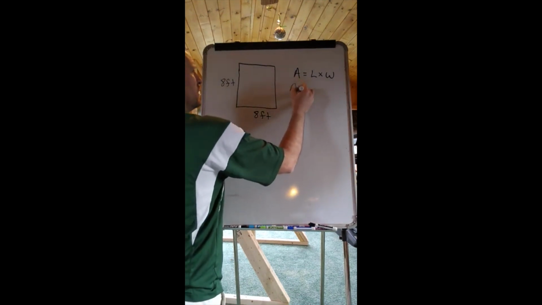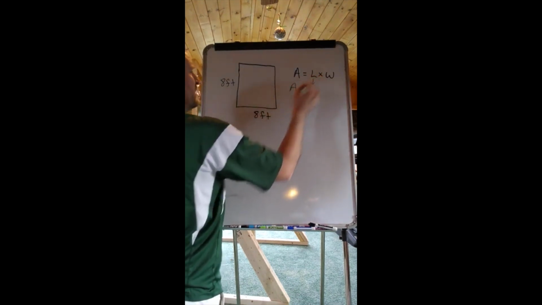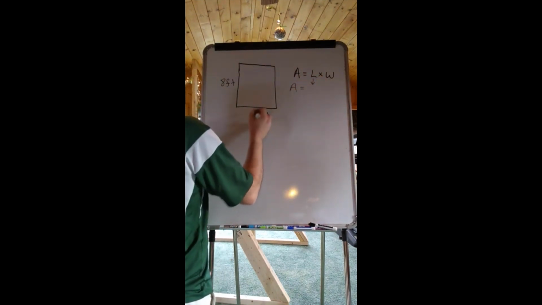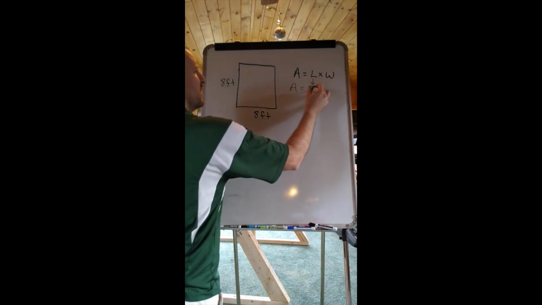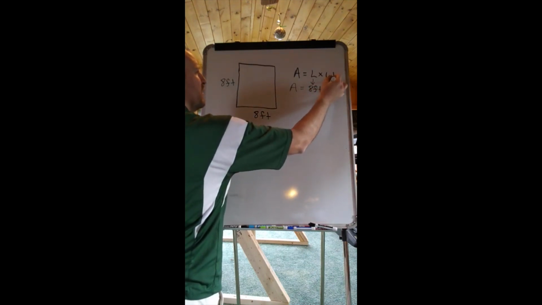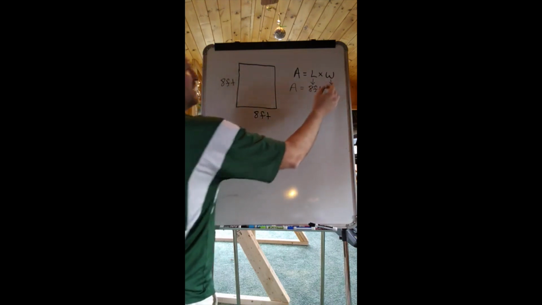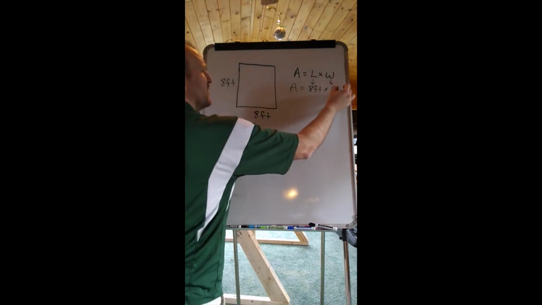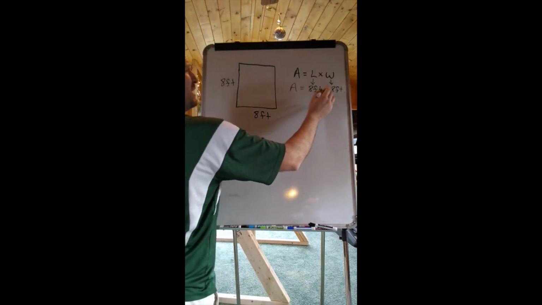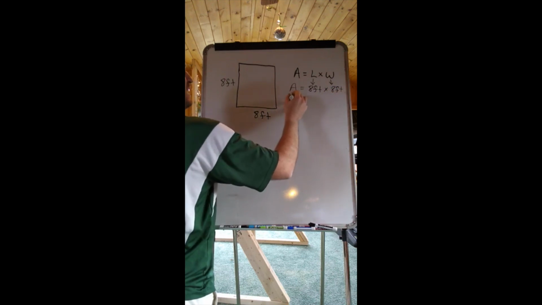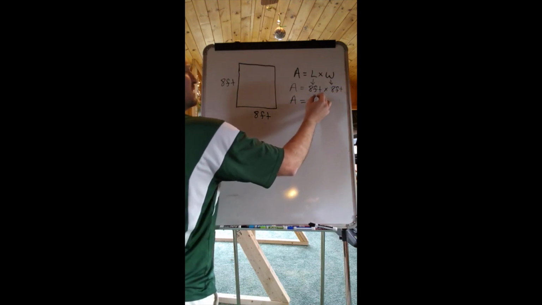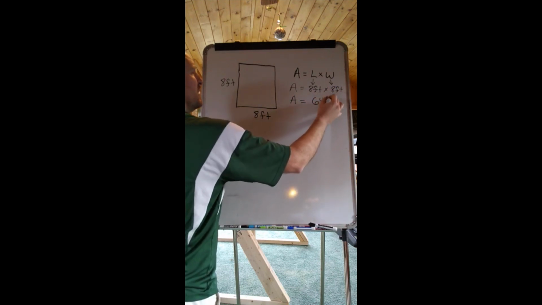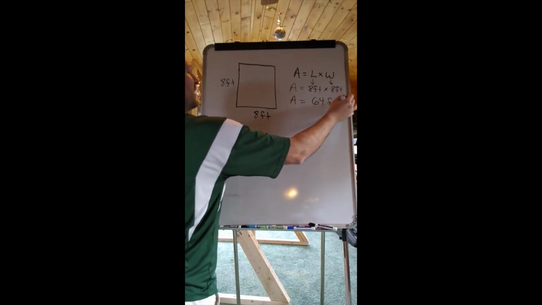Area equals length, 8 feet, times width, 8 feet. So here, 8 feet multiplied by 8 feet equals 64 feet squared.